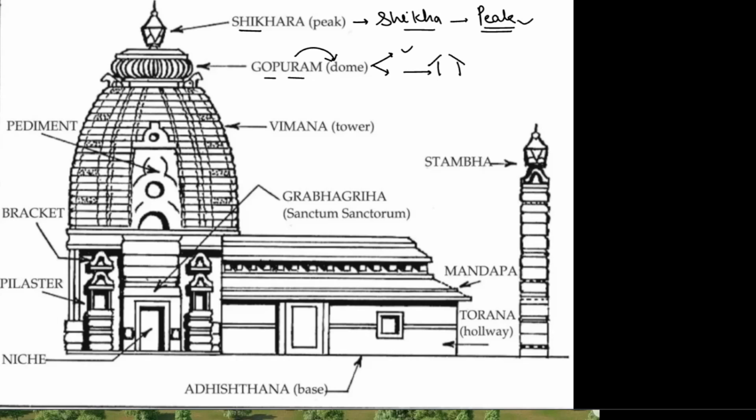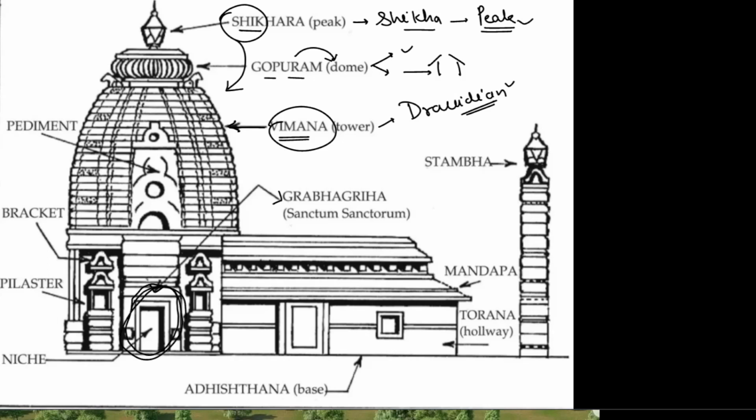The third thing we see is a vimana. Alright, so vimana is a feature of Dravidian style actually. So instead of the shikhara, which is more prominent in the Nagar style, the vimana is more prominent in the Dravidian style. Then the Garbhagriha is a common feature for both. It is located right in the center of the temple, and it is often accessible through a hallway.